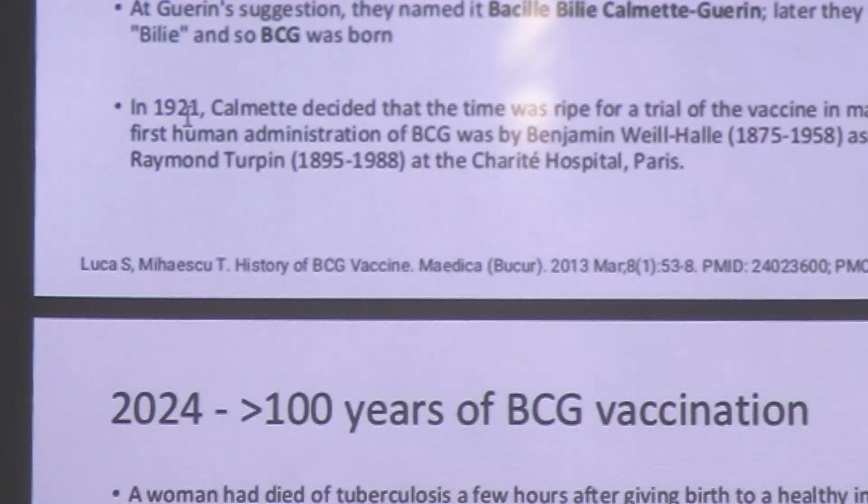This serial passage was after about 230 subcultures. This strain was found to be avirulent. Now what do you mean by avirulent? It retains the antigenicity but it does not cause the disease.